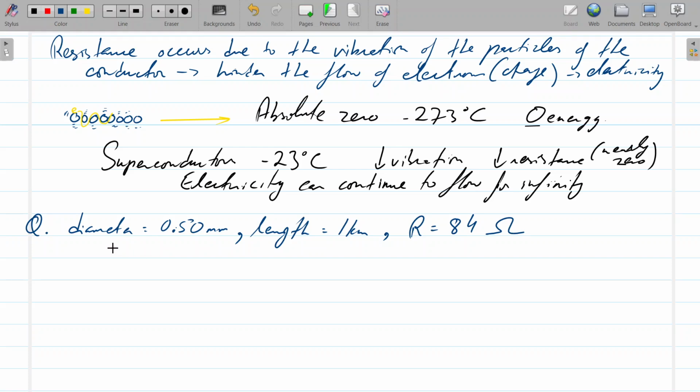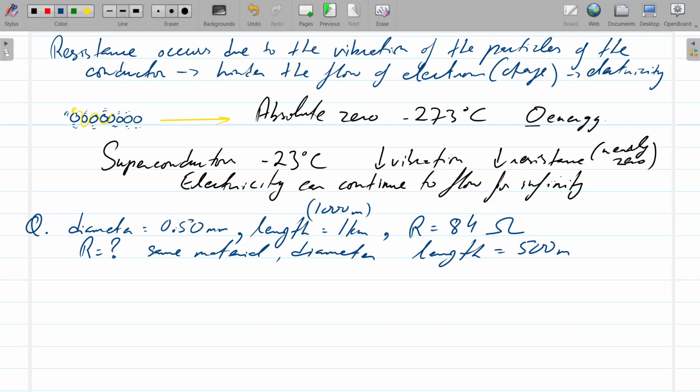So R is unknown for the same material and same diameter, but the length is 500 meters. This is 1,000 meters, so we're halving the length. And so we know that resistance and length are directly proportional, right?